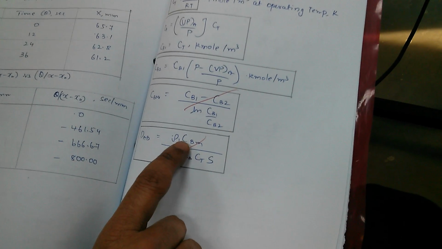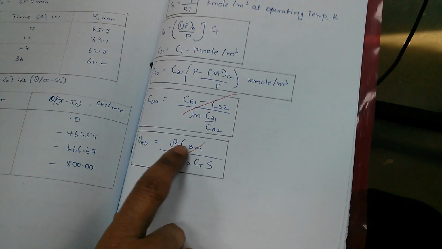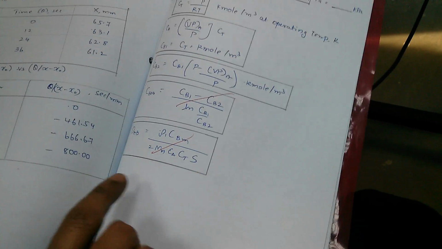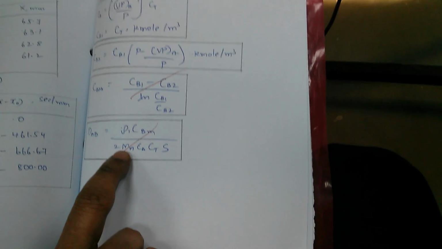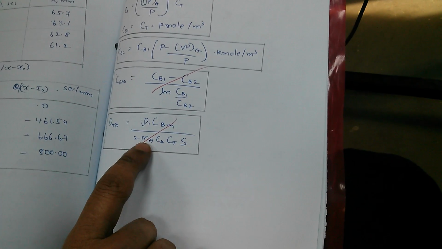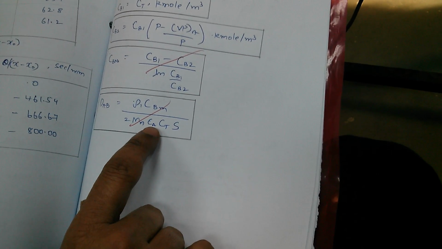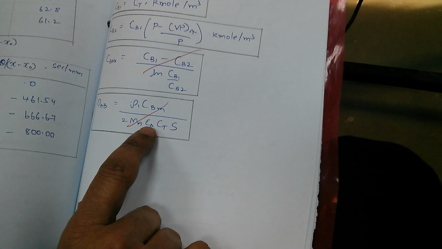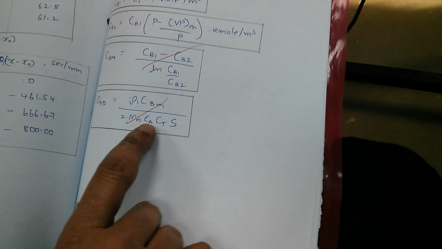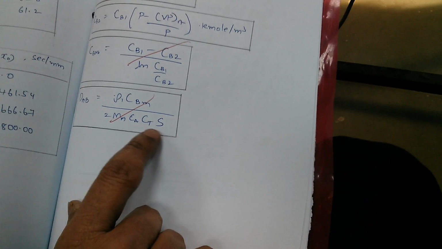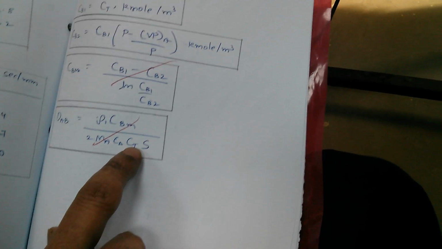CBM is the mean molar concentration, MA is the molecular weight of acetone, CA is the concentration of component A, and CT is the total concentration.